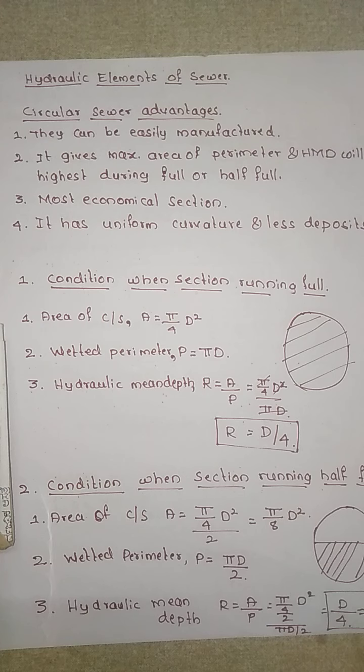In this unit we are going to concentrate on the circular sewer, and how circular sewers should be designed. Circular sewers are easily manufactured, and they give the maximum area for a given perimeter. The hydraulic mean depth will be highest during the full or half full condition.